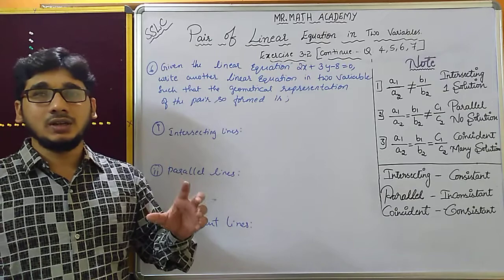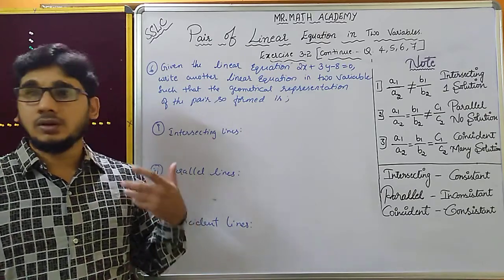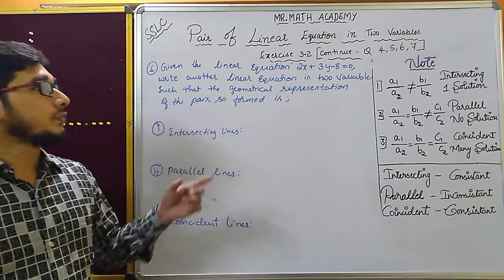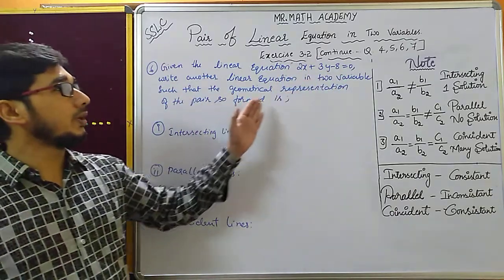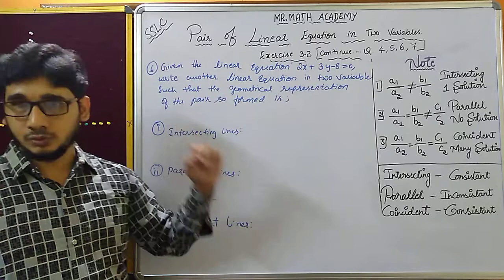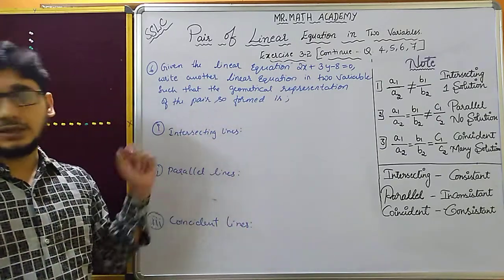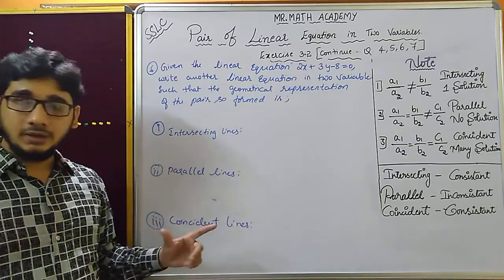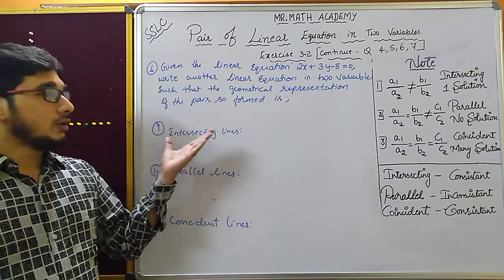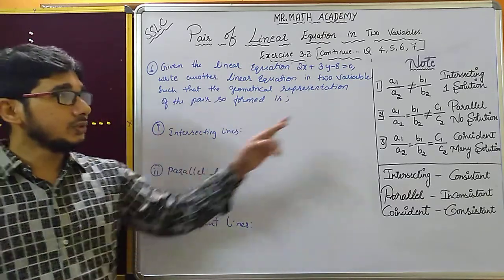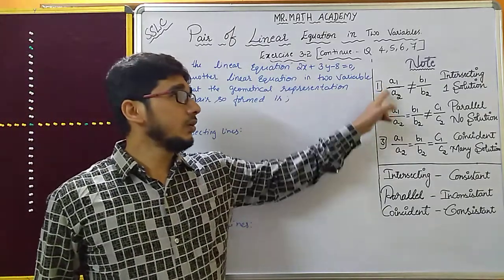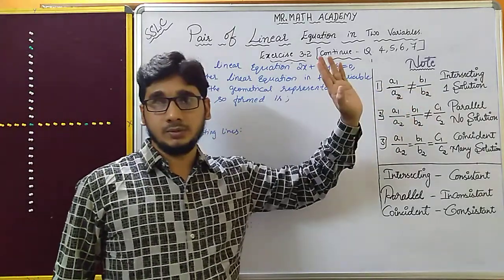Just one trick I will tell you, remember that, so that you can write almost all the equations in two variables such that the geometrical representation of the pair so formed is intersecting lines, parallel lines and coincident lines. One thing you remember, for intersecting lines, this condition you have to remember: a1 by a2 not equal to b1 by b2.